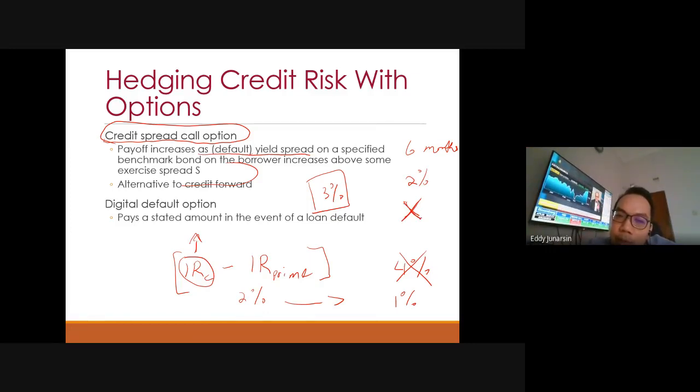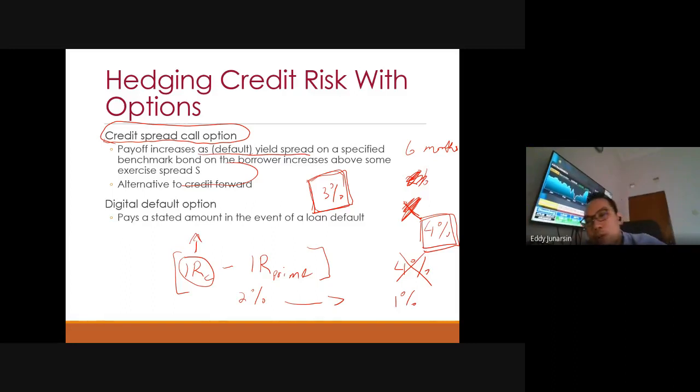The option premium. However, let's say 6 months later, the spread has become 4%. So your client does deteriorate in quality, right? So declining quality. Then you execute the contract, right? Because again, your call option says that the spread is 3%. Now the spread is actually 4% after 6 months.